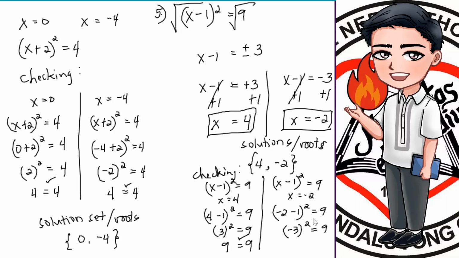Negative 3 squared will give us 9. Therefore, 9 is equal to 9. So these are the solution or the roots of our quadratic equation (x - 1)² = 9. So that is how we solve quadratic equation in one variable using extracting the square root.